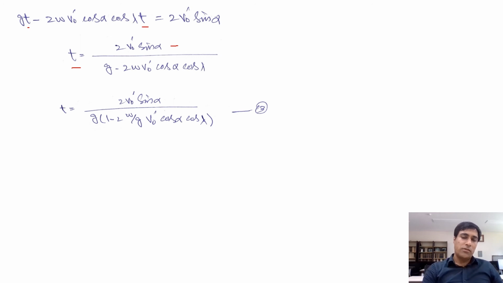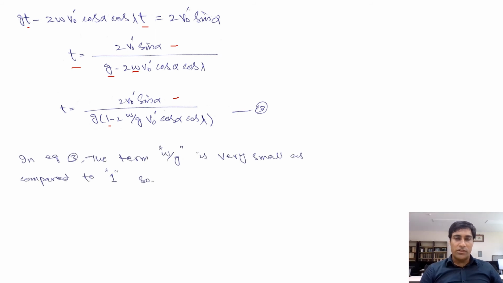So the time t equals 2 v naught dash sine alpha over g, taking g as common, times 1 minus 2 omega over g v naught dash cos alpha cos lambda. This is equation 3.